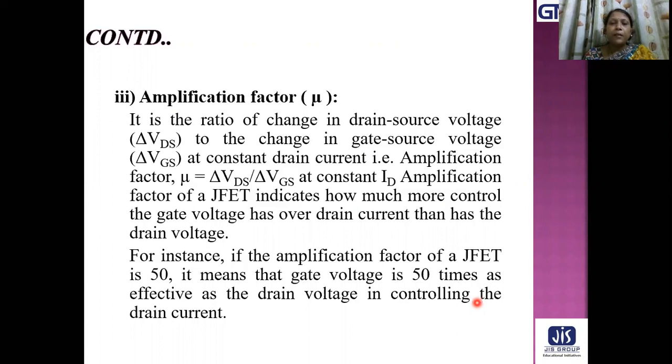For instance, if the amplification factor of a JFET is 50, it means that gate voltage is 50 times as effective as the drain voltage in controlling the drain current.